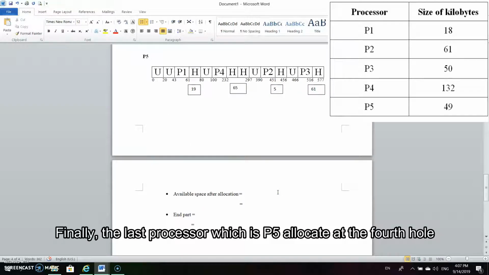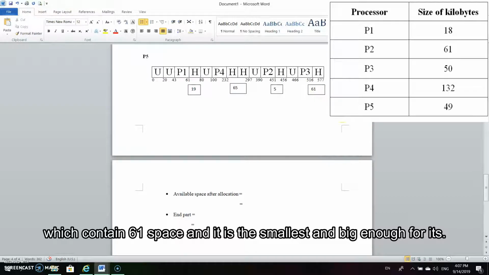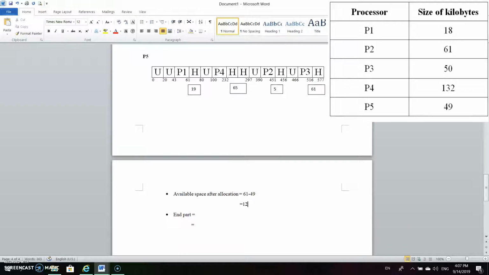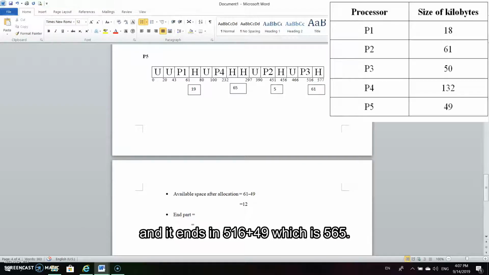Finally, the last processor, which is P5, is allocated at the fourth hole, which contains 61 space, and it is the smallest and big enough for it. For the available space, we use 61 minus 49, and we will get 12, and its end is 516 plus 49, which is 565.